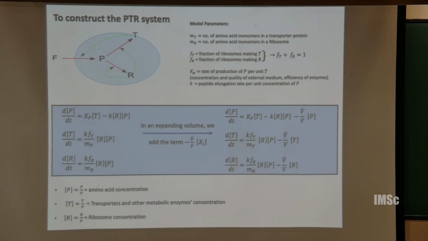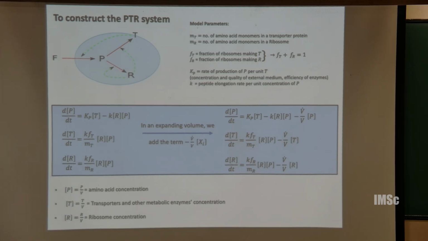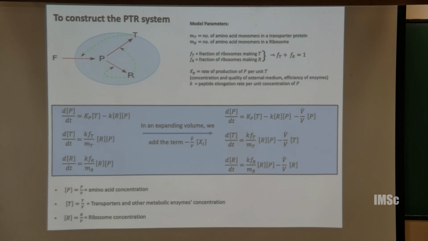Okay, the actual populations, which are the variables in terms of which I have described earlier questions to you. So here you have box brackets. These represent concentrations, and P, T and R without the box bracket around them will represent populations, and they are related simply by the populations divided by the volume is the concentration.